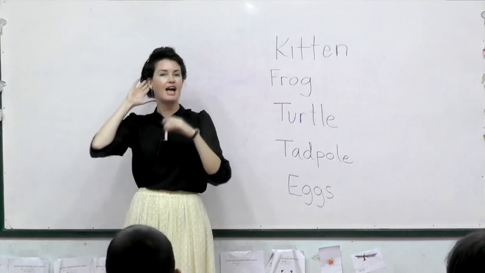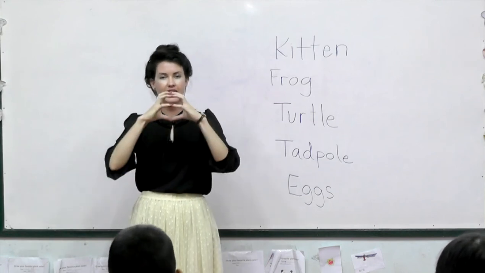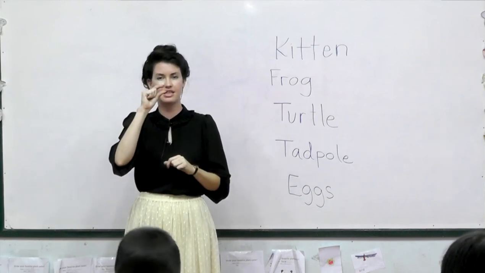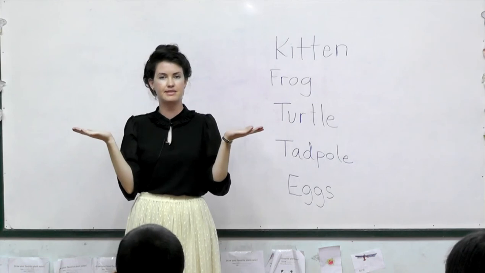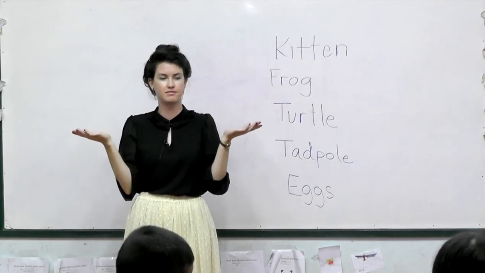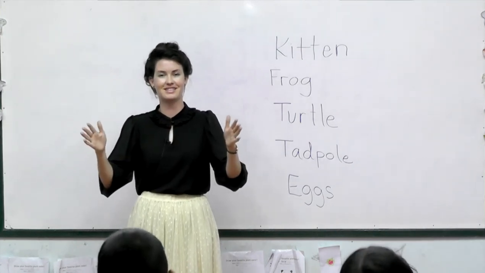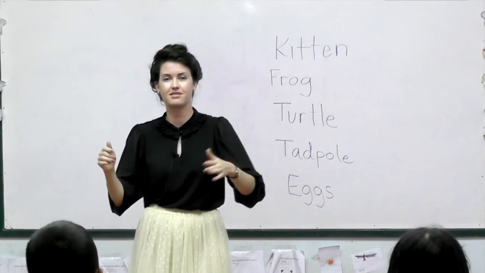Hatch. Very good. After the egg hatches open and there's a little baby, what happens to the baby? Does it stay the same size? No. What does it do? It grows. Very nice. Okay, and fish come out of eggs too.